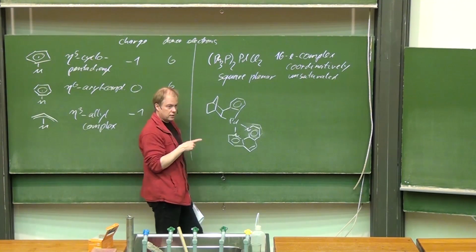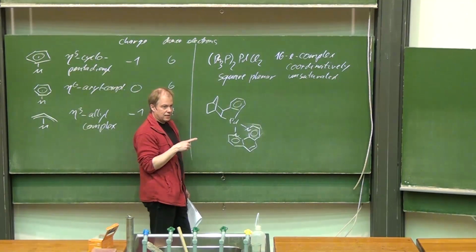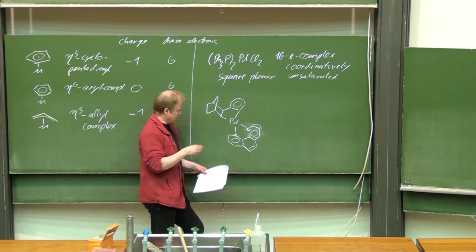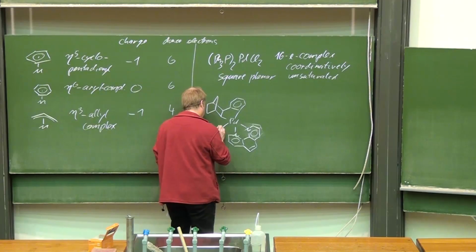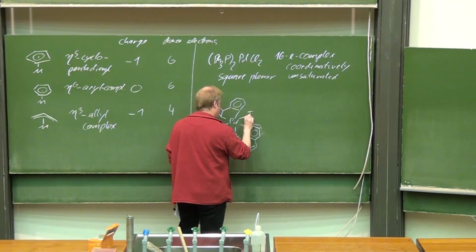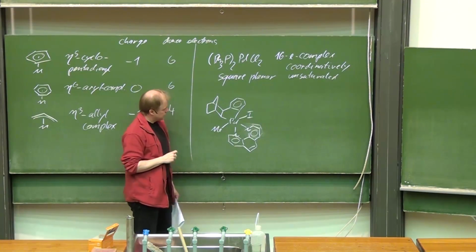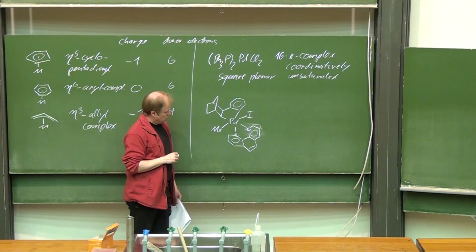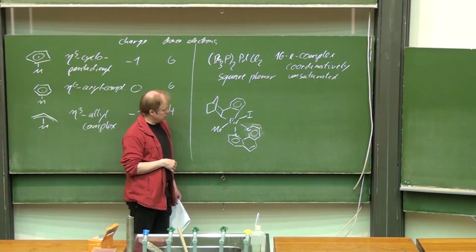Coordinatively unsaturated, that means it can undergo an additional reaction, and it reacts indeed with, for instance, methyl iodide. And it adds methyl iodide, and this complex is also, under moderate conditions, to be isolated.